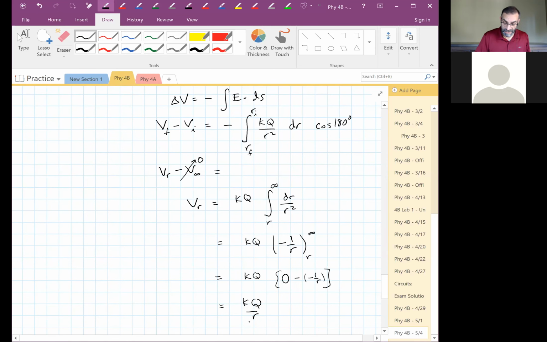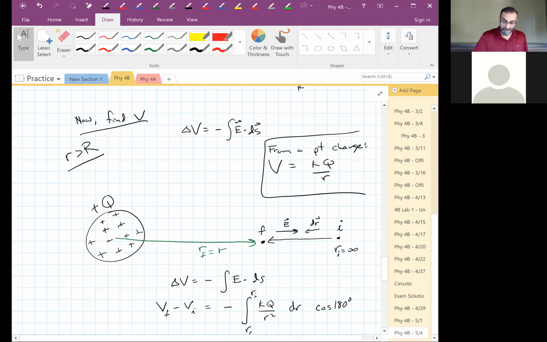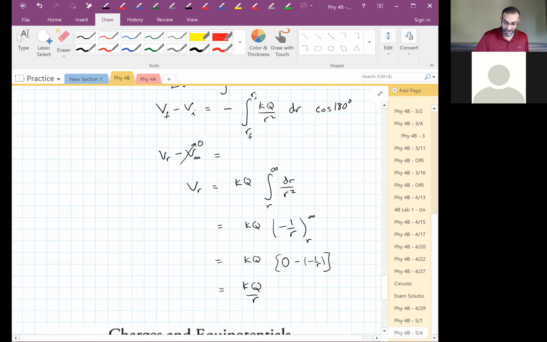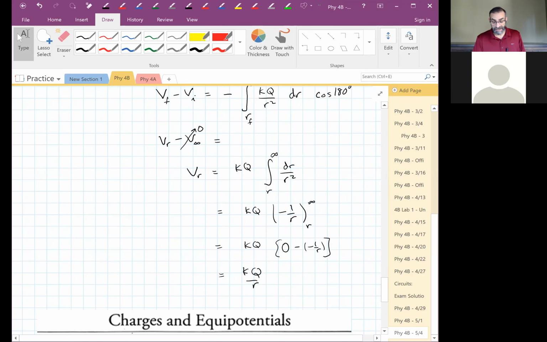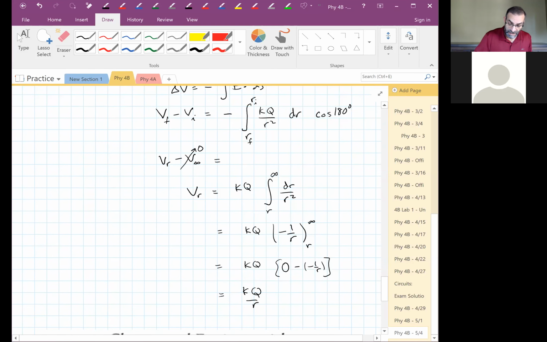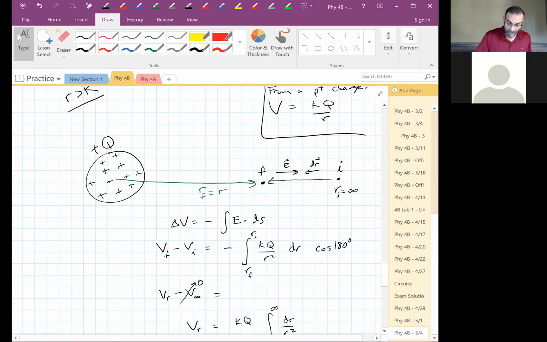So it looks correct because I knew what the answer had to be, right? I knew it had to be KQ over R, and it looks correct. I got KQ over R, but let's check the sign, make sure we got all those minus signs right, okay? So V is 0 at infinity, right? V is 0 here, and the electric field points in that direction. Electric field always points toward lower potential.